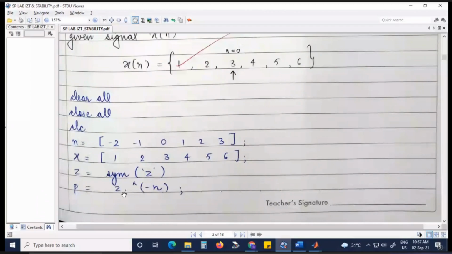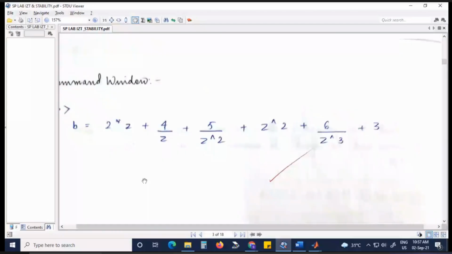Z to the power minus n, because it is z to the power minus n. So directly we will get the sequence, and here you can see that the sequence is given in this way.